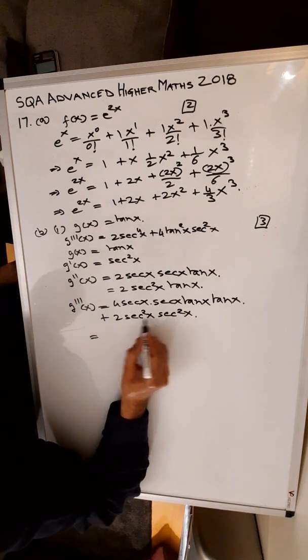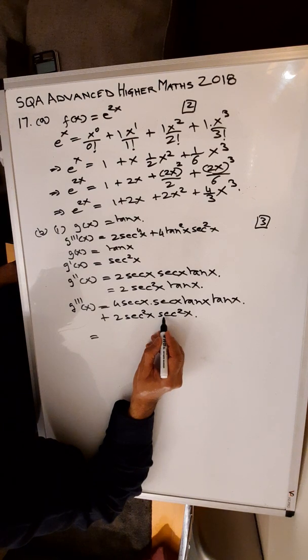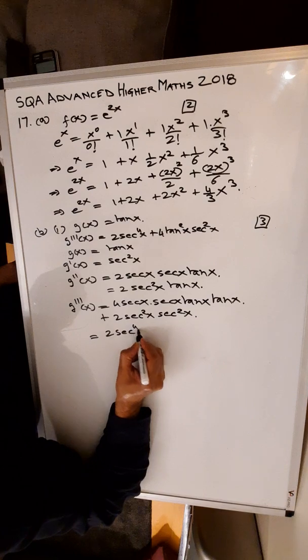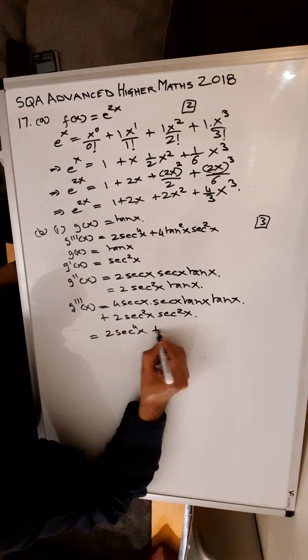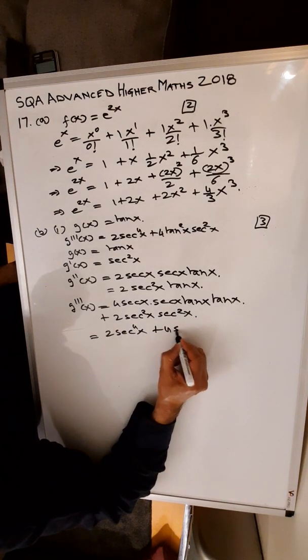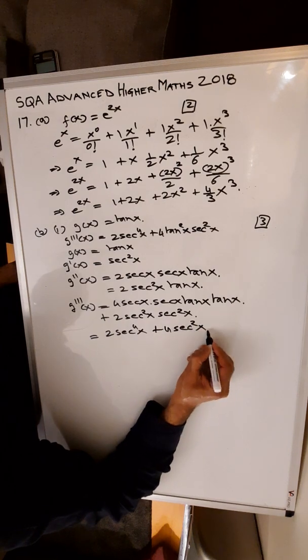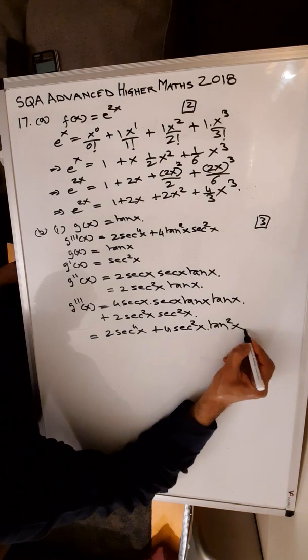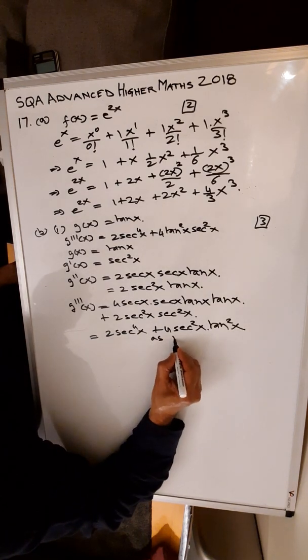So you're ending up with 2 sec to the 4 x plus 4 sec squared x tan squared x, as required.